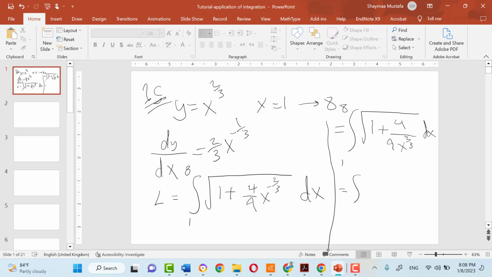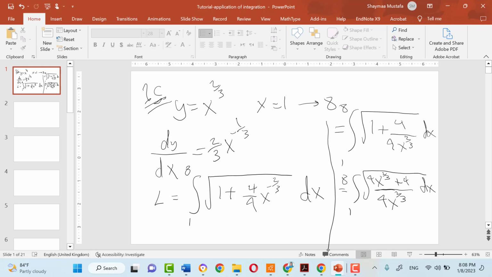So here we will make a summation, so we have to use the same denominator: 9x to the power 2 over 3 plus 4, dx.